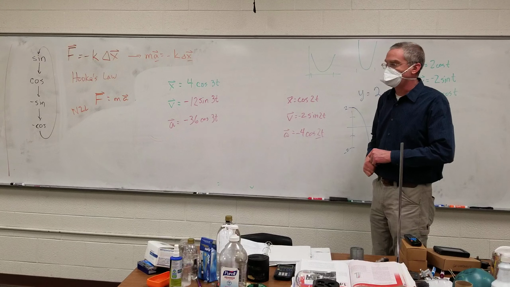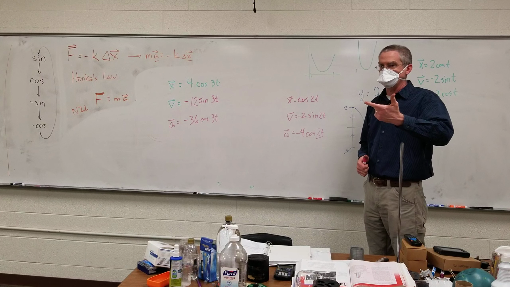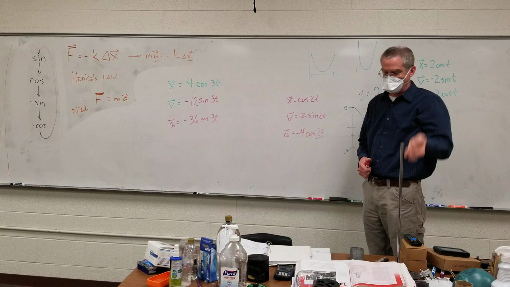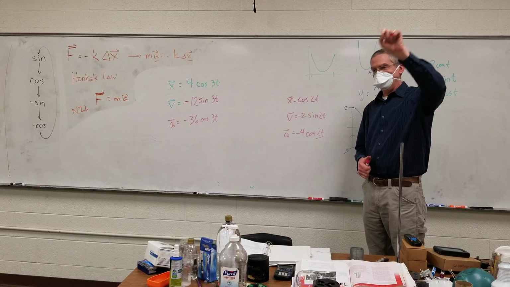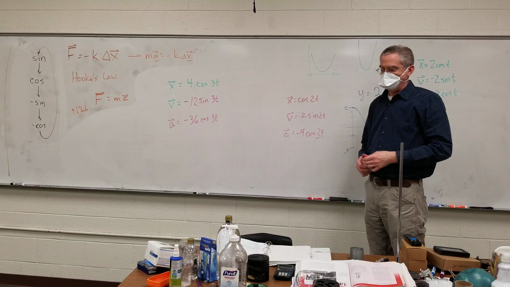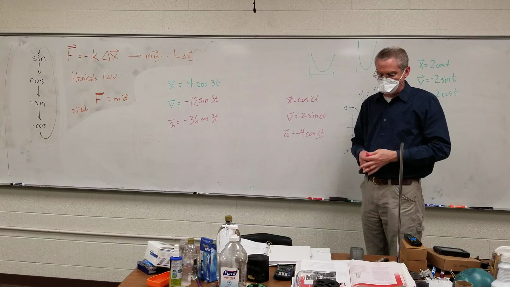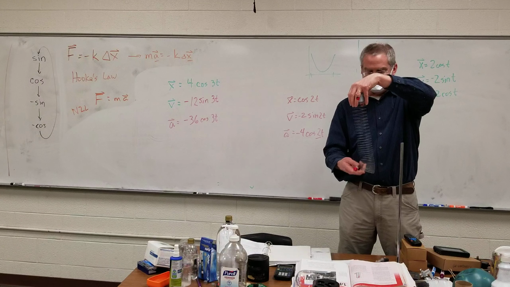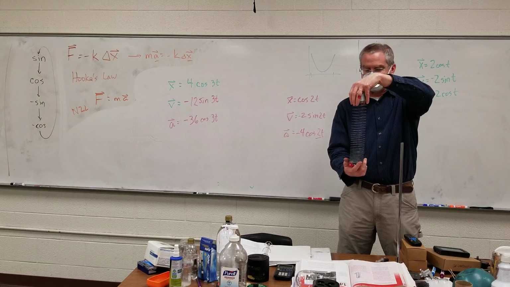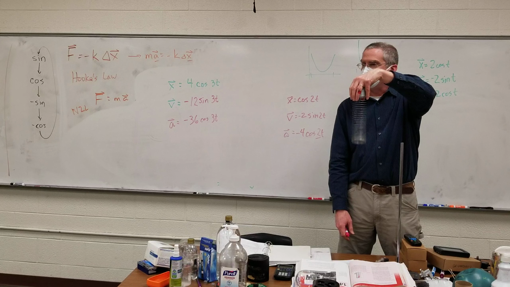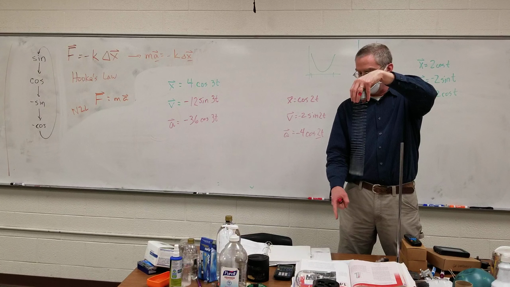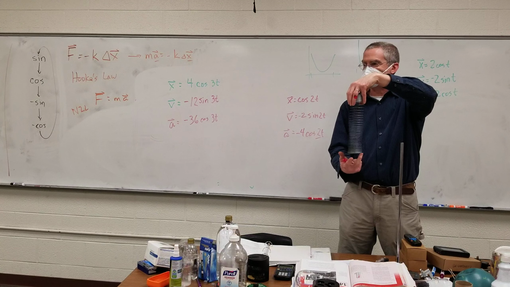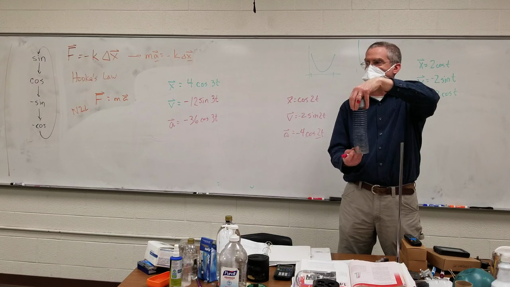The two graphs that we started with: a sine, and a cosine. Sine starts at 0, cosine starts at the peak, or if it's negative cosine, at the trough, but they both proceeded from there. Now, if I'm actually filming something, if I take this spring and I have a motion sensor underneath it, and I have this thing go up and down, what are the odds that you're going to start the motion sensor at the exact same time that this is at the peak or at 0?